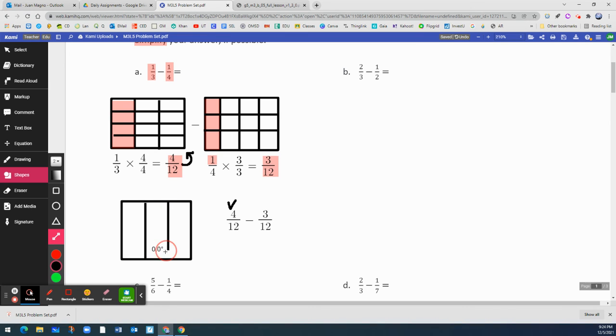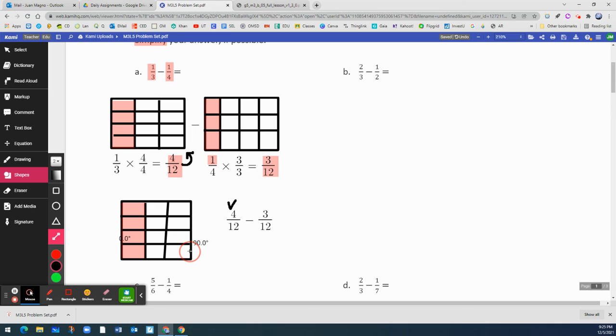We're gonna do the 3 like so, and we're going to show that again. That's the 1/3. Okay, and we're going to show now the multiplication that was done to get the equivalent fractions.